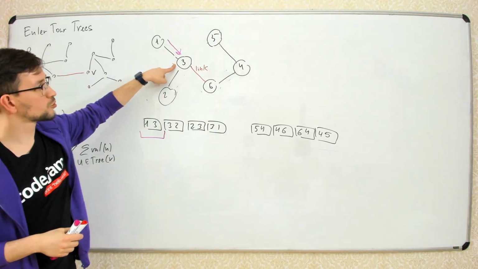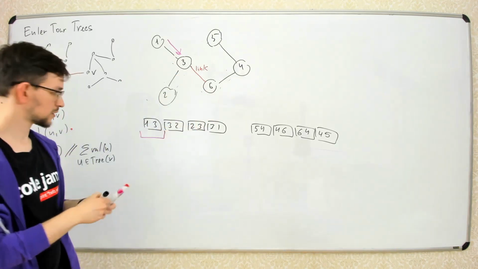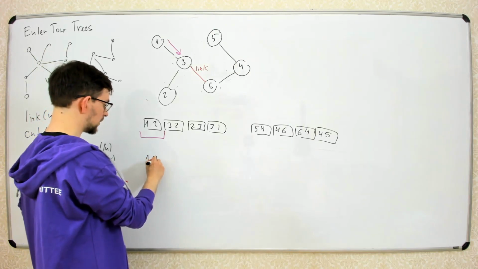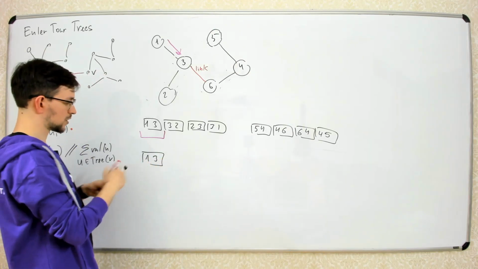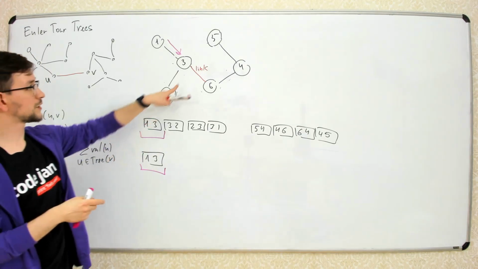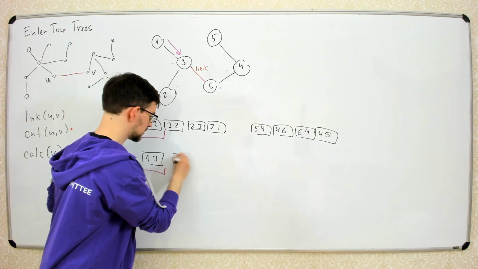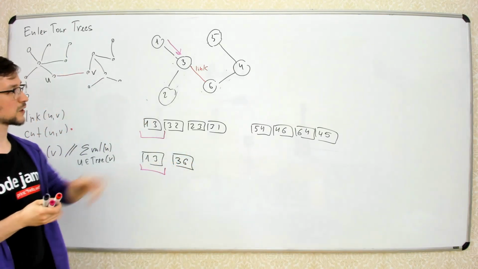Now we will go to the second tree and iterate through all nodes in the second tree. So first we use this part of the first tree. Now we take this edge 3, 6, and go to the second tree.